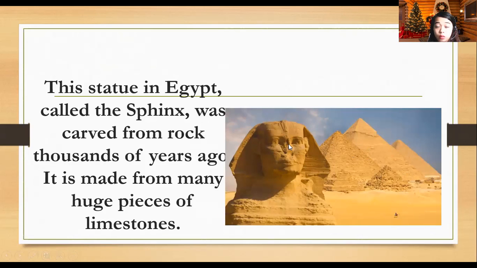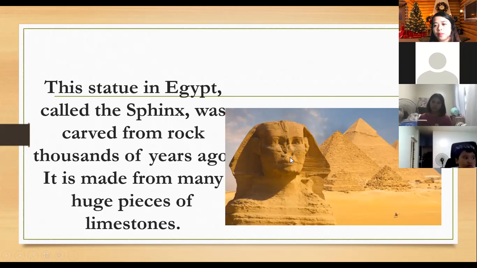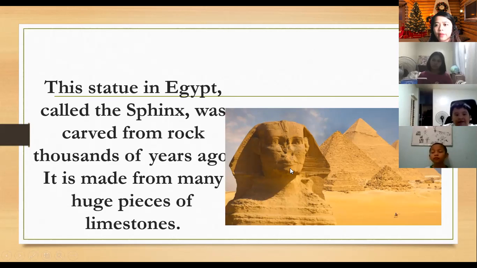It was carried by old people before, and they used a lot of workers, a lot of slaves to make this pyramid and this statue. Imagine big heavy rocks. Even when we pick up a small rock, it's already heavy, right? How much more the big ones?